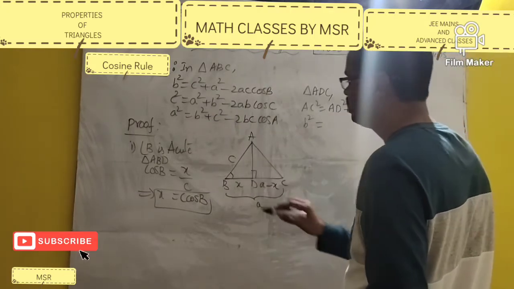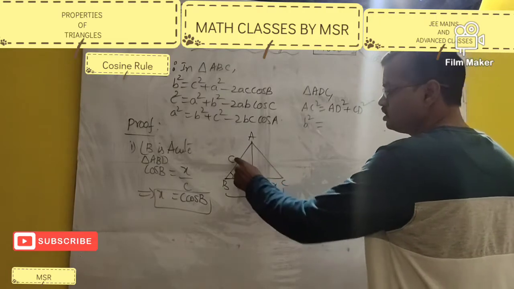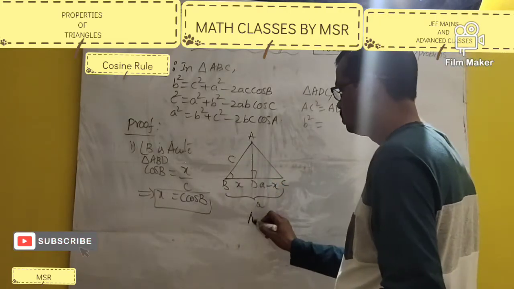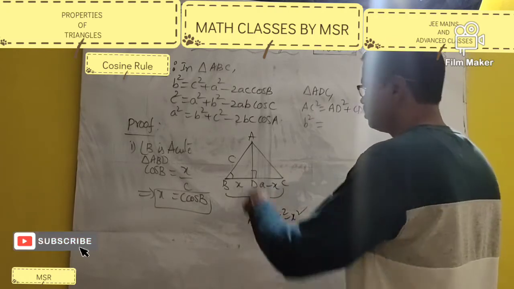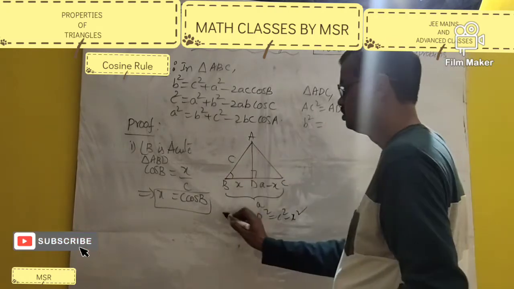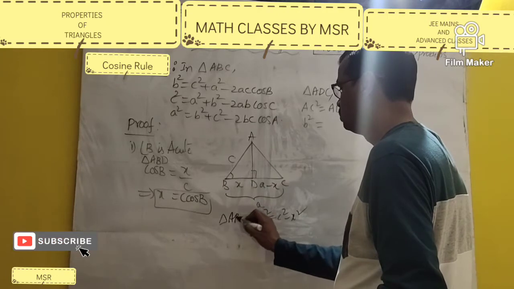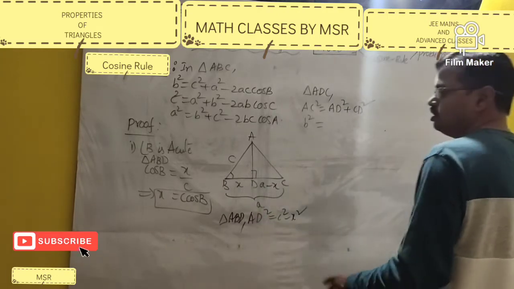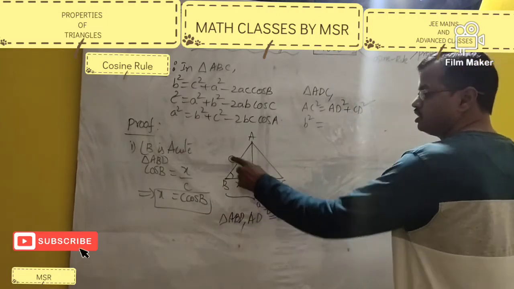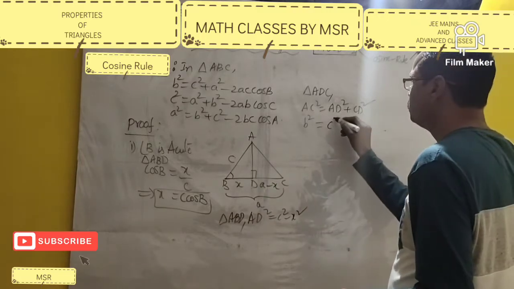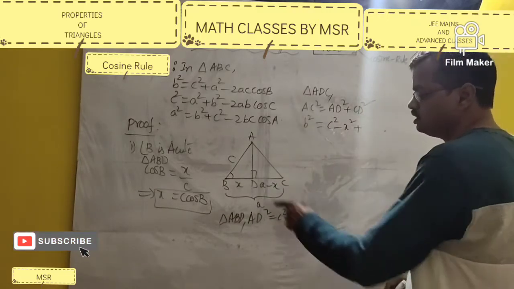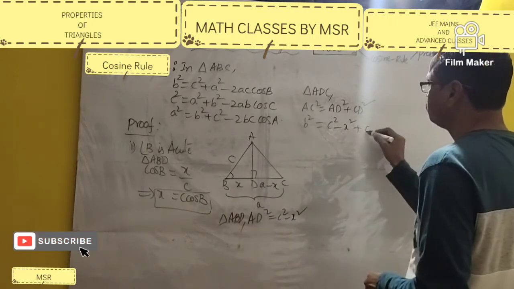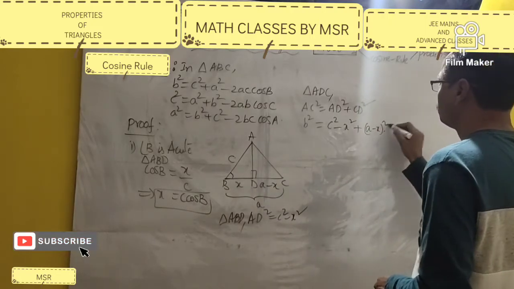Now from triangle ABD, what is AD²? AD² = c² − x², only, right? I am replacing AD² here with c² − x², plus CD², which is nothing but (a − x)².